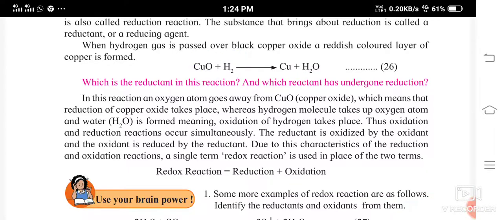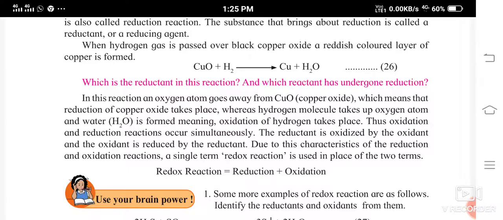Now, which is the reductant in this reaction and which reactant has undergone reduction? You saw, in this reaction an oxygen atom goes away from copper oxide, which means that reduction of copper oxide takes place, whereas the hydrogen molecule takes up the oxygen atom and water is formed, meaning oxidation of hydrogen takes place.